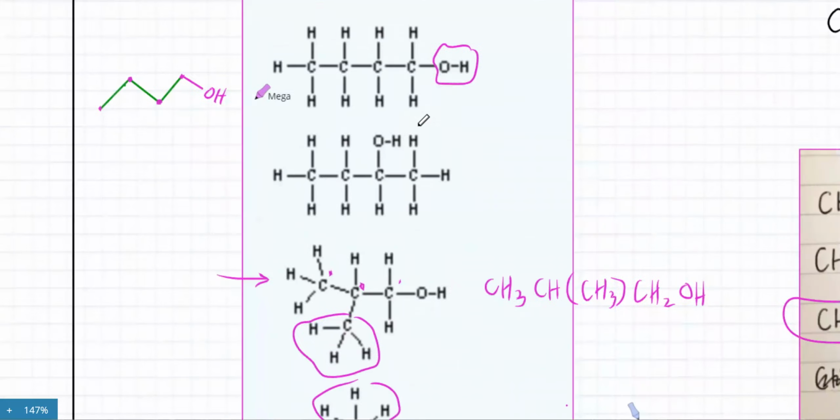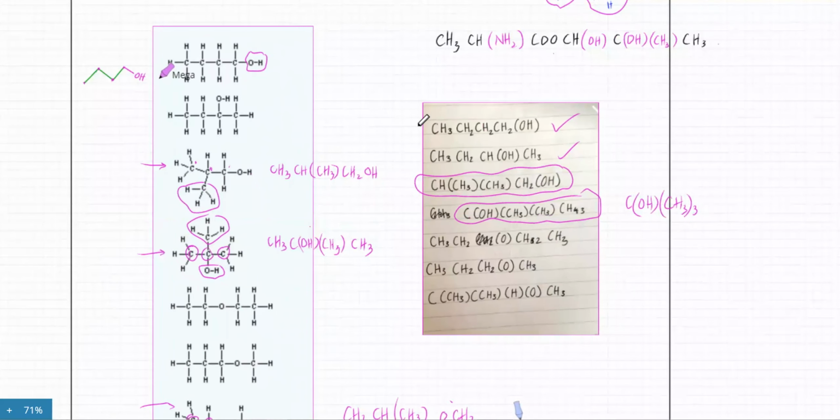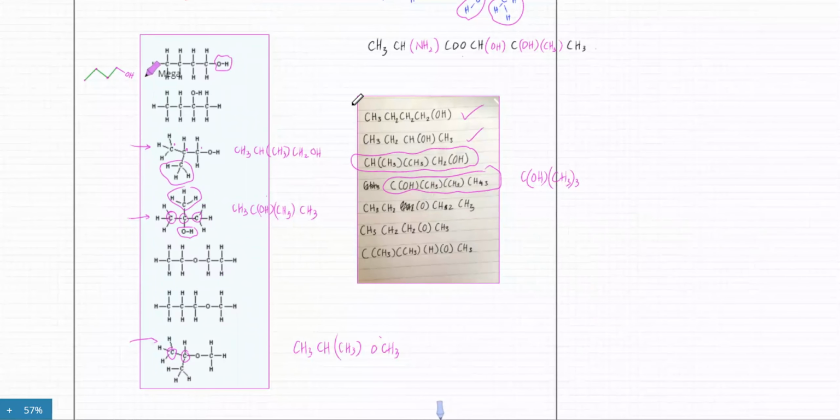So try and draw the skeletal formula of all of them. Just try it. Even if they're wrong, it doesn't really matter now. I'm just sending it on WhatsApp.